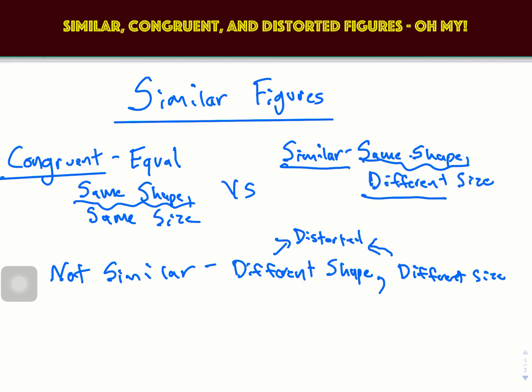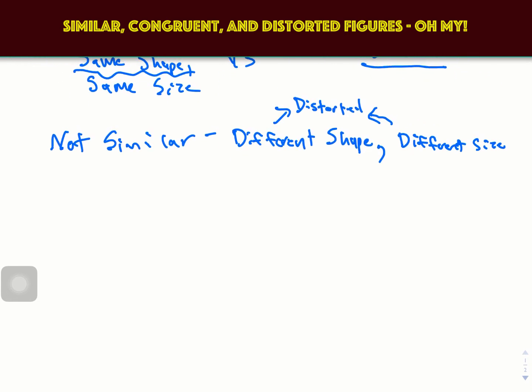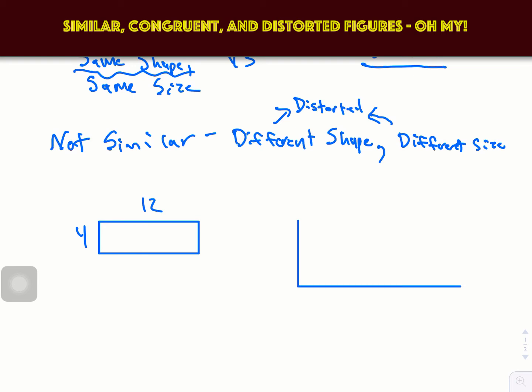All right, so for example, in this lesson, it might give you two shapes, and these two shapes might be on a grid, but we're gonna just start with it being not on a grid. So in this case, we have a rectangle, and it might say to tell if these shapes are similar, congruent, or neither.